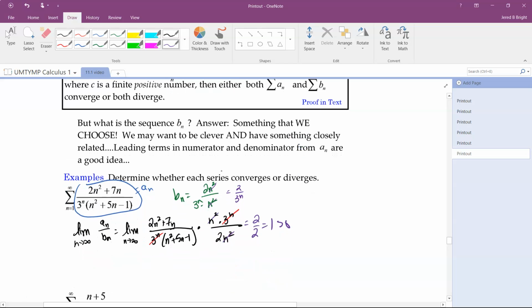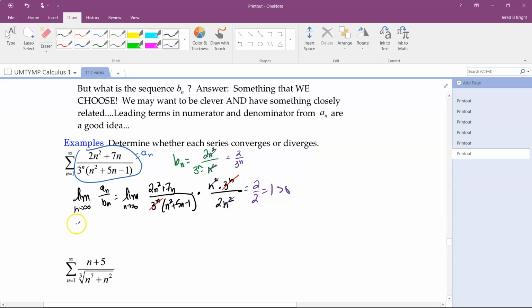Now BN, as I look at this, if I look at the series of 2 over 3 to the n, this converges by geometric series.